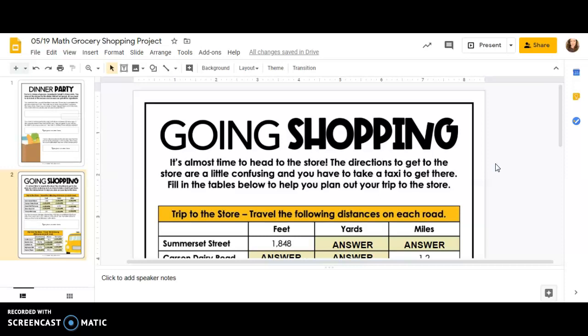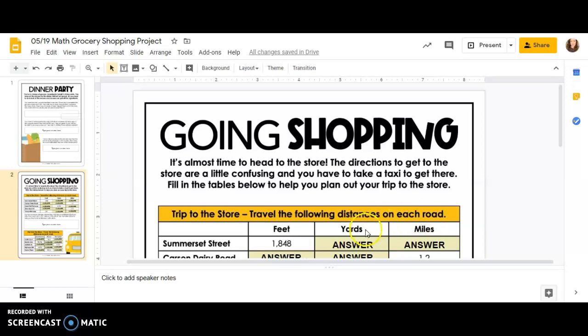Like, oh, okay, so for that I would need to multiply or to divide, depending on what you're going to do with that. Because obviously feet is a smaller measurement, so for feet, the number will be bigger. Yards, it will be smaller because the yards measurement is bigger than the feet measurement, right? So the yard number would be smaller. The miles number would also be even smaller than yards, right? Because the miles measurement is bigger. If I ran 1 yard compared to 1 mile, you could think about that.